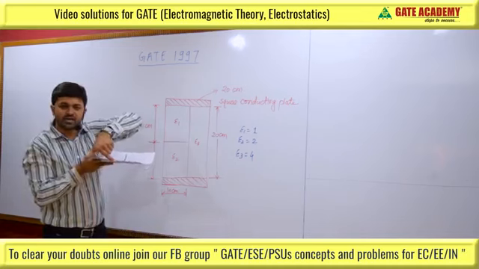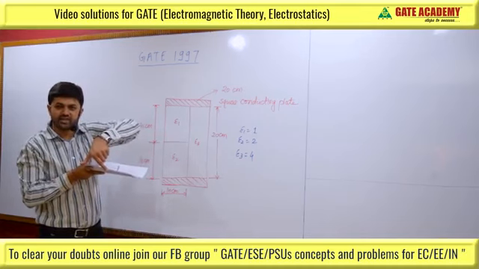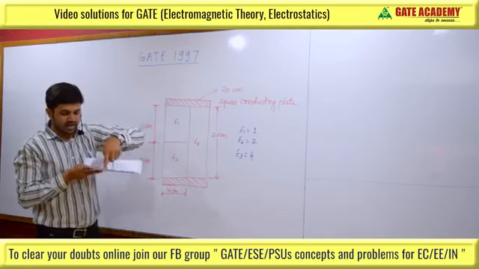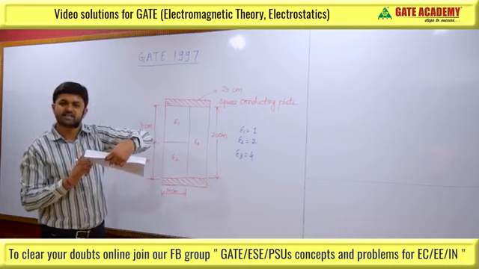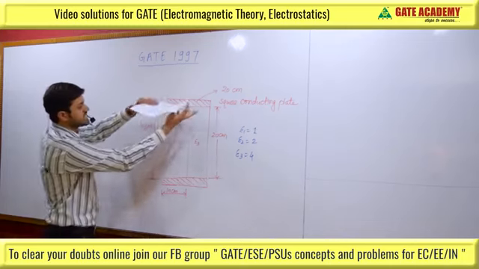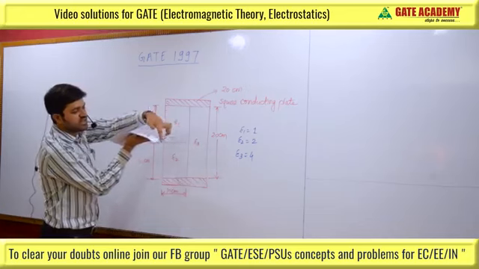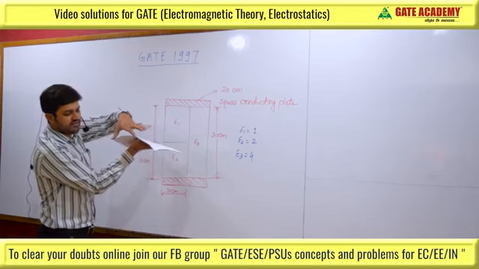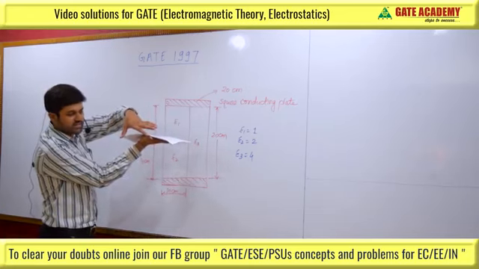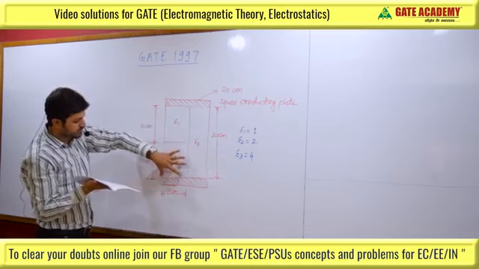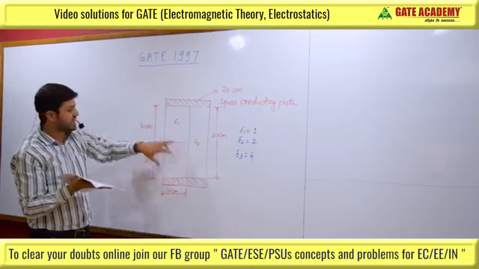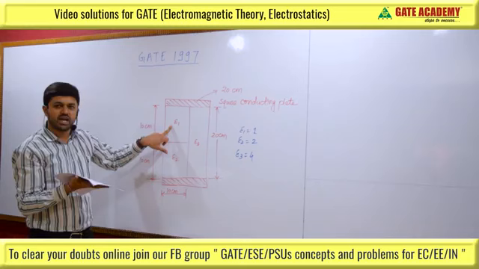For this particular region we have dielectric constant epsilon 1, and this distance remains the same. This will not change, but we are dividing this into two parts. So up to 10 centimeter it is characterized by dielectric constant epsilon 1.